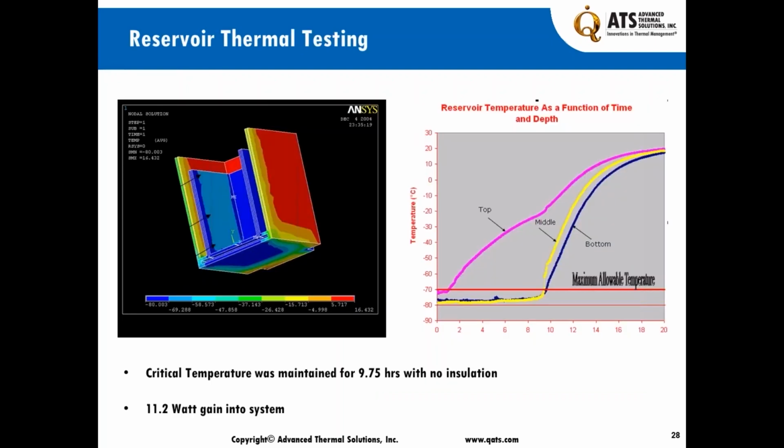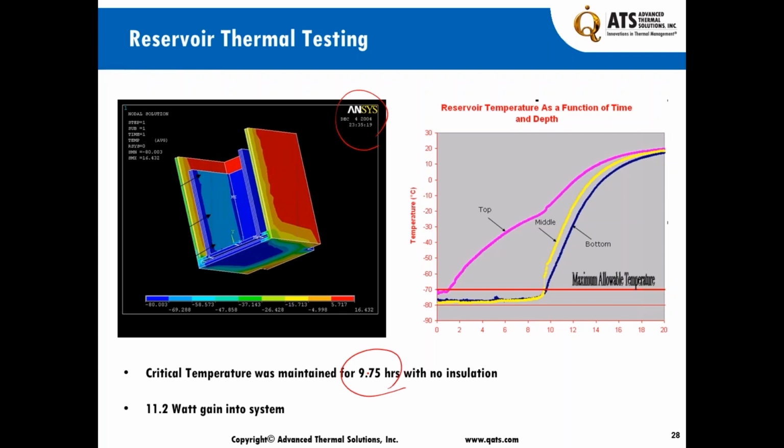So we did some thermal analysis and testing, and you can see the thermal model of this using ANSYS software. By going through the transient simulation, we were able to maintain the critical temperature for 9.75 hours with no insulation.